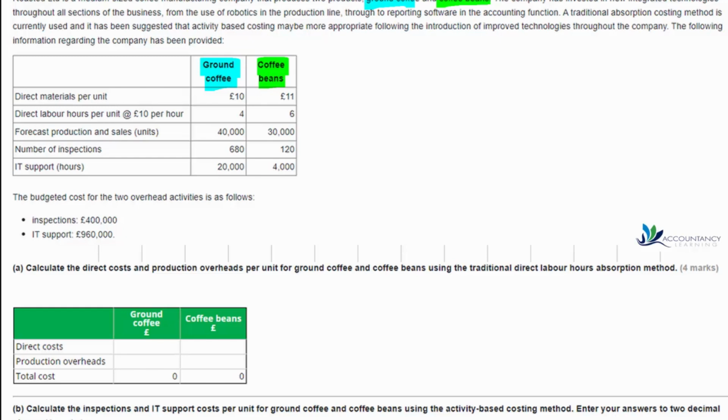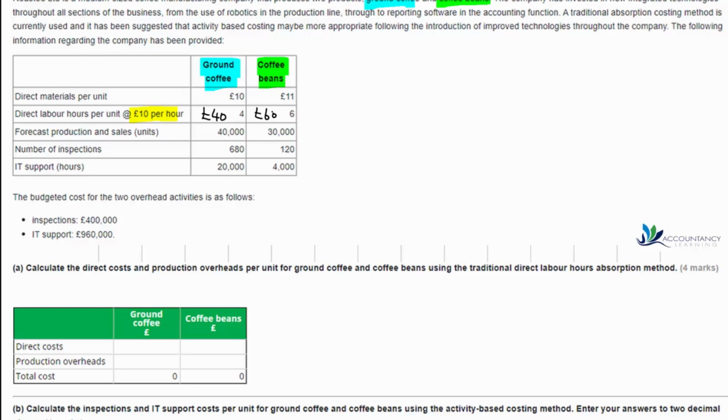A labour hour costs £10, and we use 4 hours for the ground coffee. So that's going to be a total of £40. But we use more labour time for the coffee beans, so that's going to cost us £60 per unit. Then we're also told that we've got a planned production of 40,000 and 30,000 hours respectively.